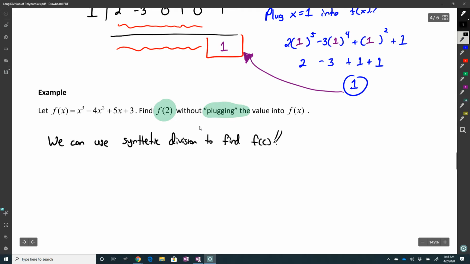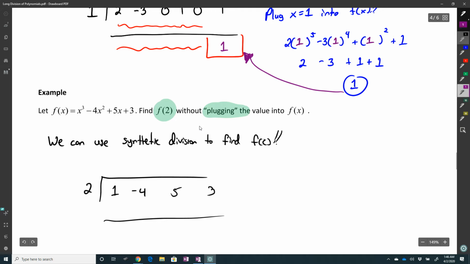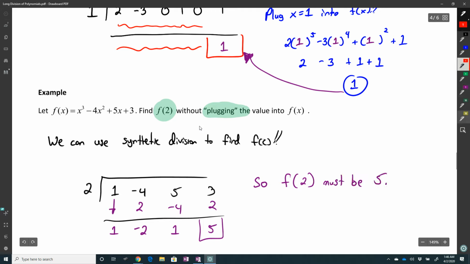Well, that means that I can just do synthetic division instead. Rather than plugging the 2 in, I can do synthetic division. So this is 1, negative 4, 5, 3. One times 2 is 2. Negative 2, negative 4, 1, 2, 5. So therefore, f of 2 must be 5.